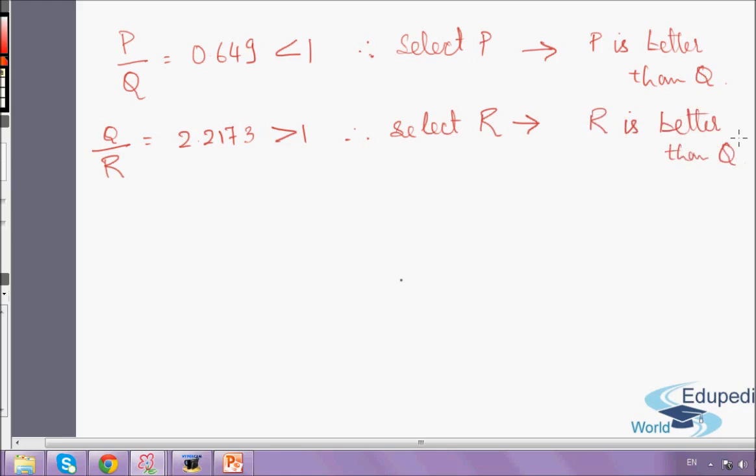Now we see that both P and R are better than Q. So finally we are left with the comparison of P and R. When we took the ratio of P and R, the value which we got was 1.4406, which again is greater than 1.